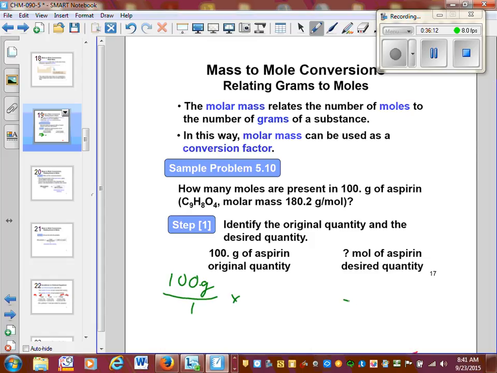So I have to have a conversion factor. It's going to have one on top and one on bottom in terms of units. Grams on the bottom. What on the top? Moles. Okay. So, 1 mole of aspirin weighs how much? 180.2 grams.